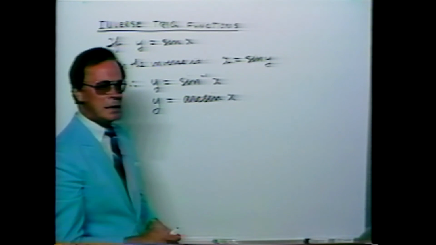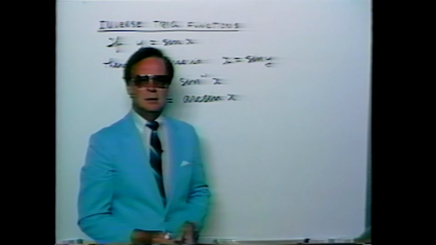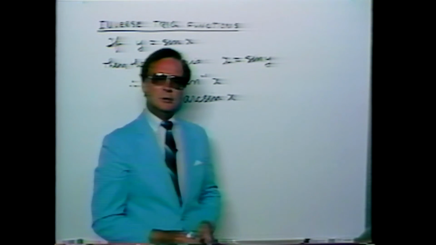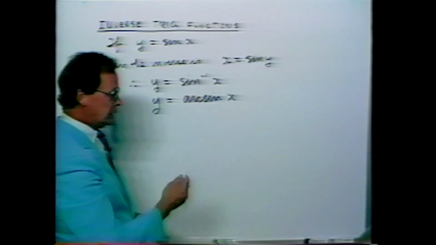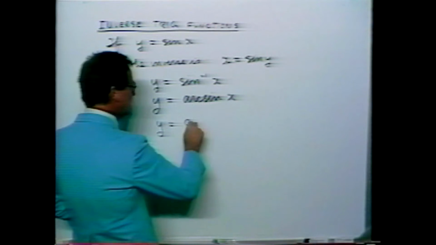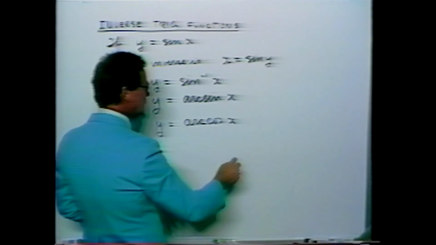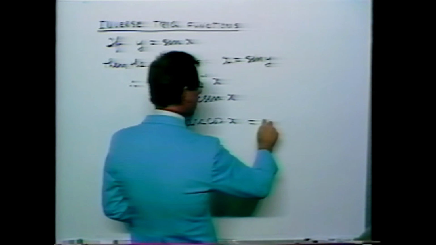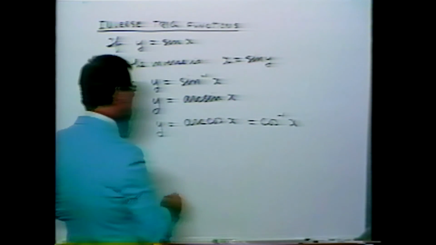Similarly, then, we have the same kind of equation written for the inverse cosine and the inverse tangent, and they are y equals the arc cos of x, or the inverse cos of x written that way.